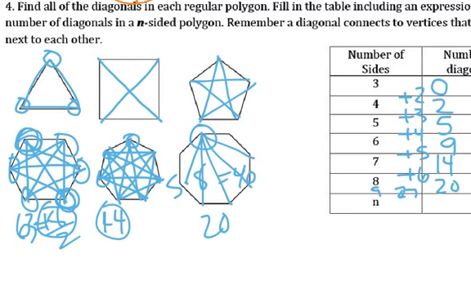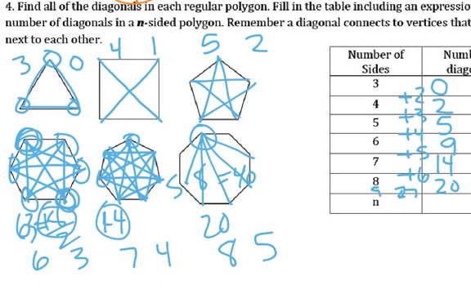So let's think about what we did. We took the number of vertices in each shape. We had 3 vertices with 0 diagonals each, 4 vertices with 1 diagonal each, 5 vertices with 2 diagonals each, 6 with 3, 7 with 4, 8 with 5. Do we see a better pattern here?